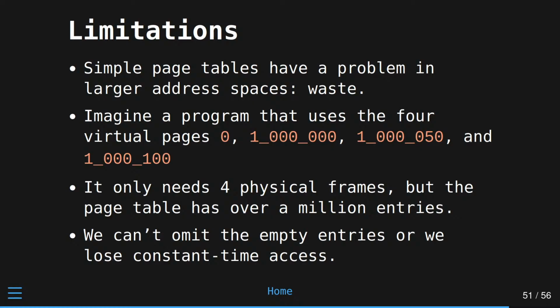A page table of length 1 million is going to take up a lot of space. If I am listing 1 million addresses, and my addresses are word size, which is 8 bytes, then I am using 8 bytes times 1 million, which is 8 megabytes.